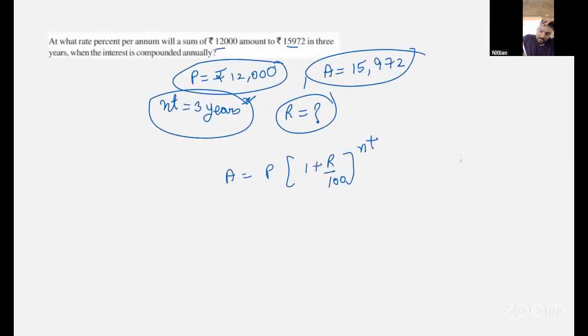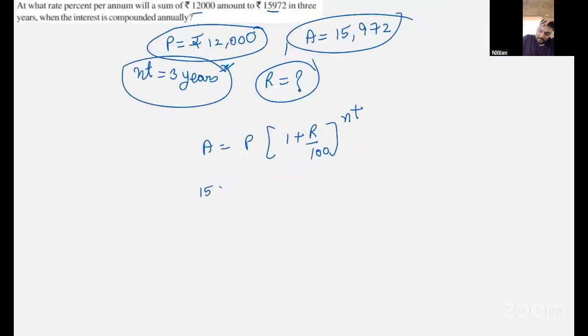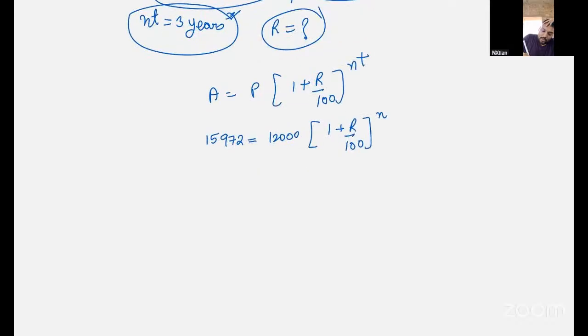So the amount, 15,972, is equal to 12,000 into 1 plus r upon 100, which I don't know, and nt is 3. So I will write nt as 3. 15,972 divided by 12,000 will be 1 plus r upon 100 to the power 3.